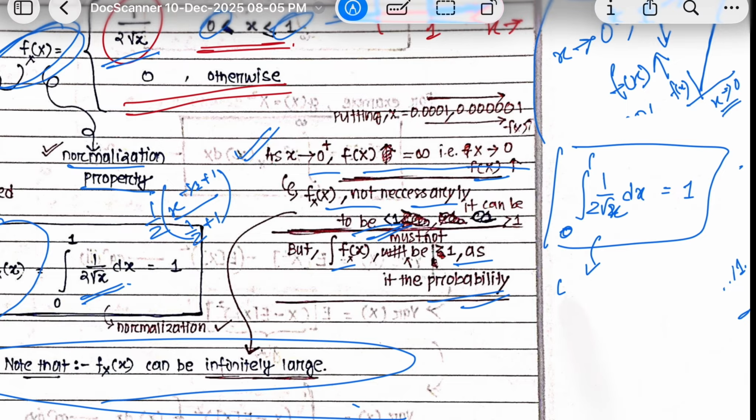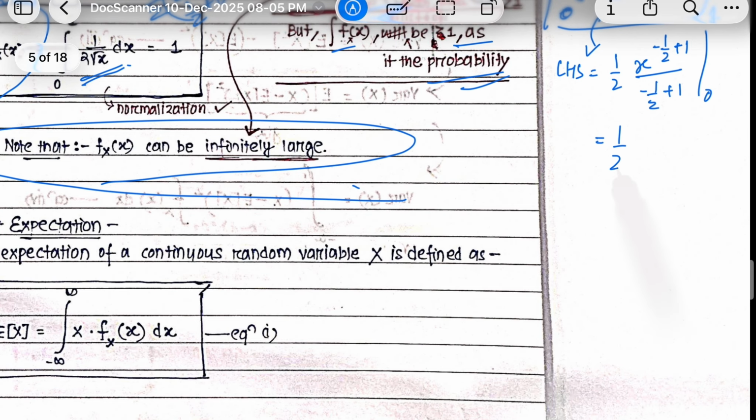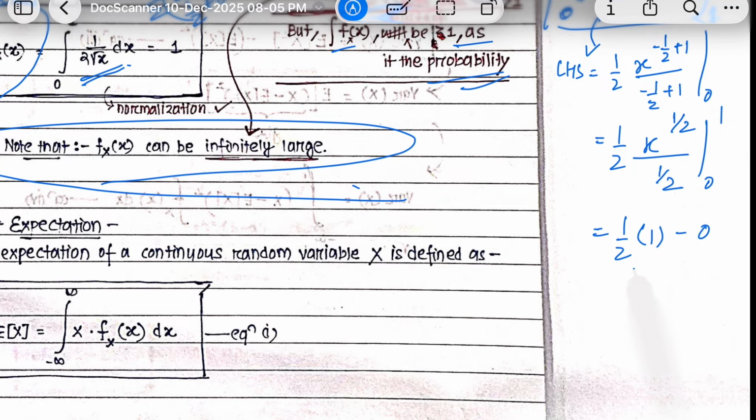So LHS is equal to 1 by 2 taken out, x to the power minus 1 by 2 plus 1 over minus 1 by 2 plus 1, from 0 to 1. So the value is 1 by 2 times 1 minus 0.